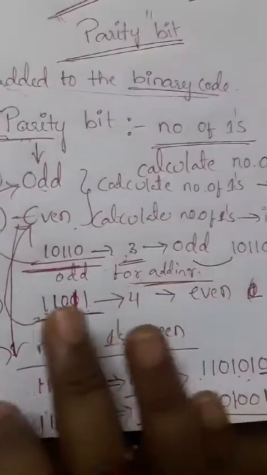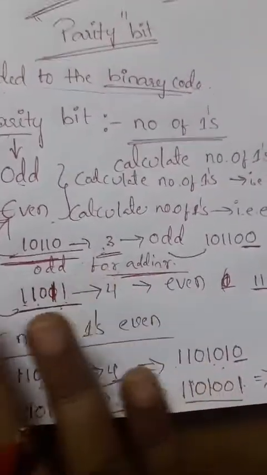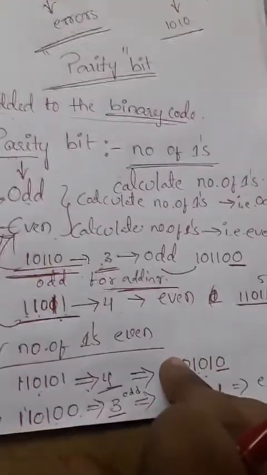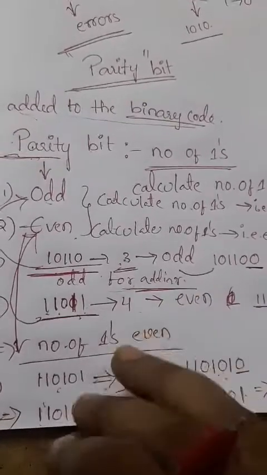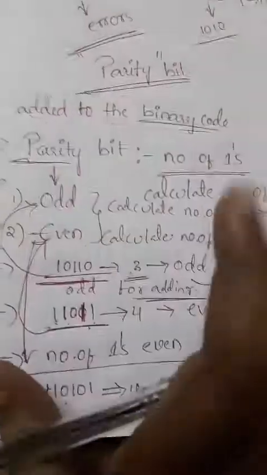So now we need to define all the binary codes. Whatever binary codes we have, 0 to 15, we need to implement the parity bits for all of them. I will explain here how to write the parity bit for the 0 to 15 binary codes. So this is the binary code.